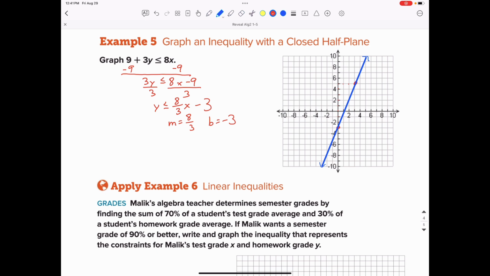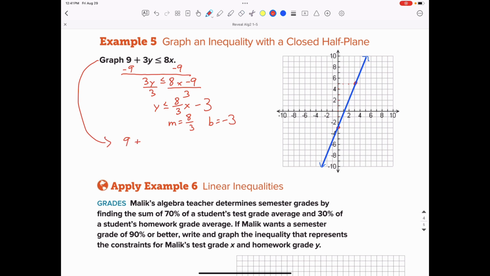Okay, then the next question is, which side do we shade since it's an inequality? So test point (0, 0) is clearly on the left side of this boundary line. Since it's on the left side and not on the line itself, we can put (0, 0) into the original problem.